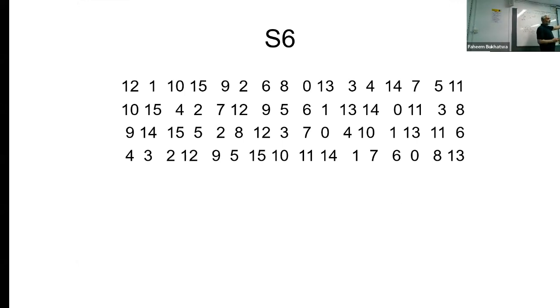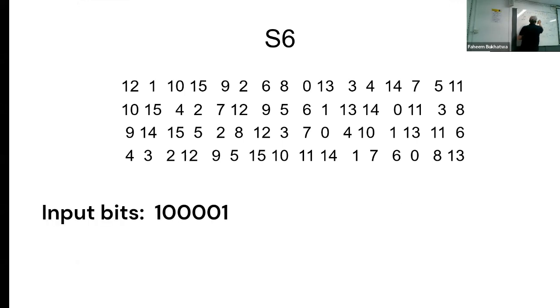This is S box number 6. This is the question for you, if you're leaving now. 1 0 0 0 0 1. Can you see this? So this is the input. Every box will take 6 bits as input, those 6 bits, 1 0 0 0 0 1, and will produce 4 bits.